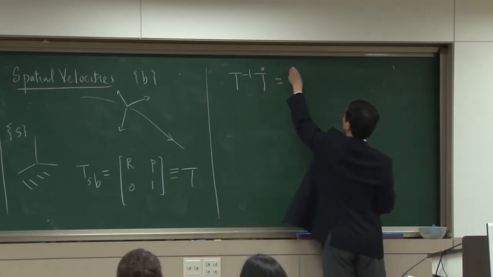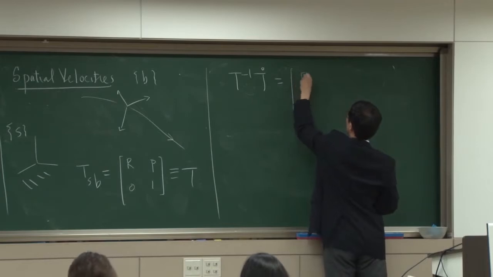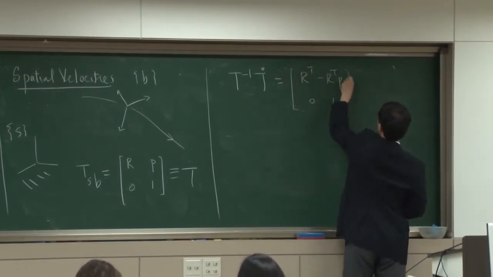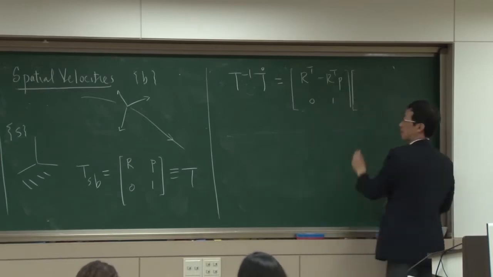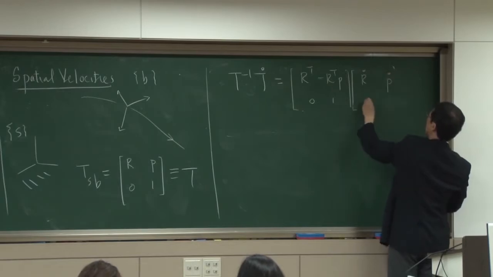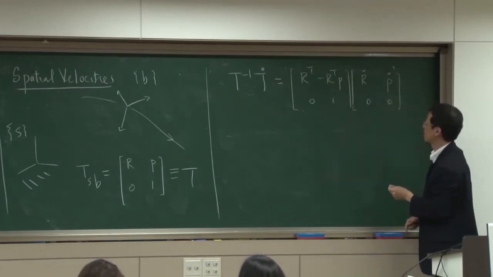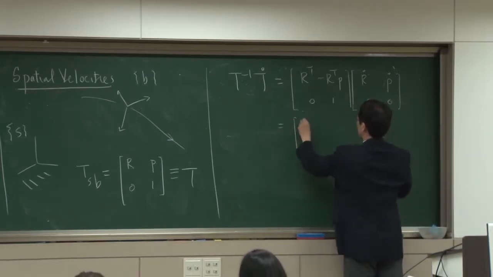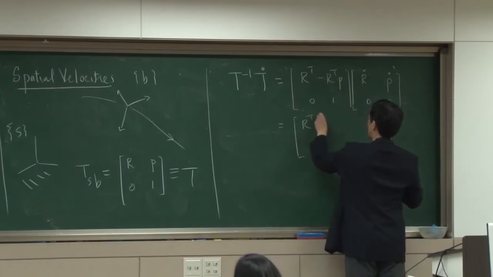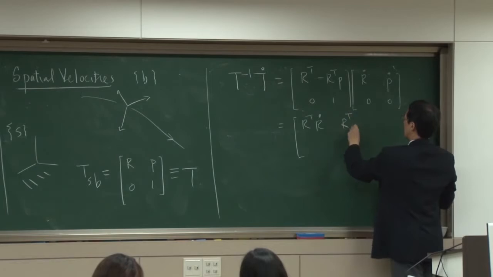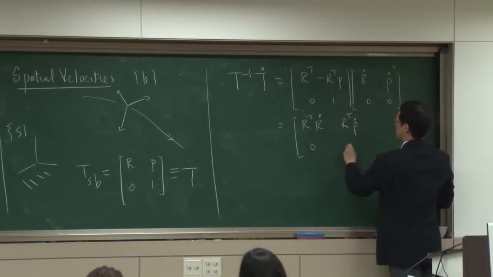T inverse is R transpose, minus R transpose P, 0, 1, times T dot, which is R dot, P dot, 0, 0. I'll get 0, not 1. This is R transpose R dot, R transpose P dot, 0, 0.